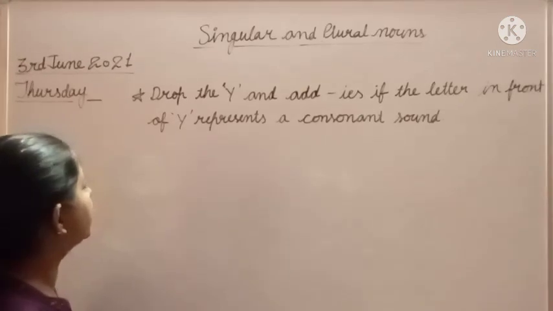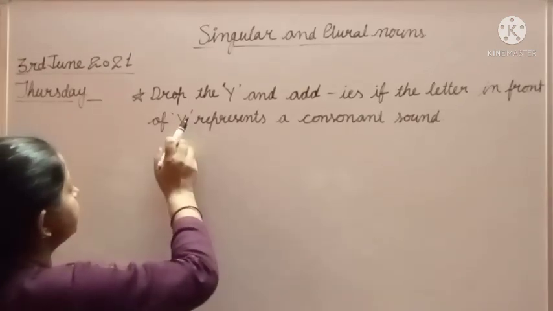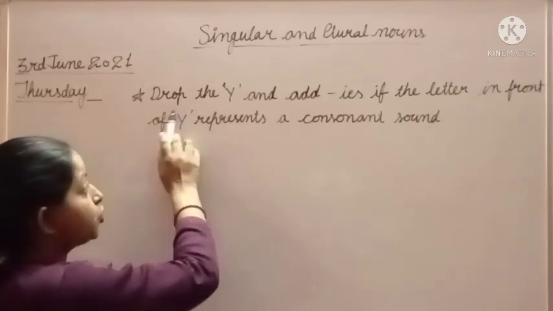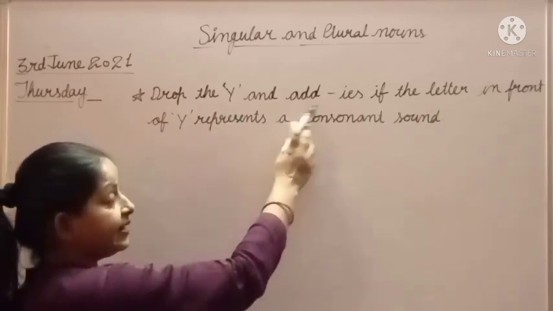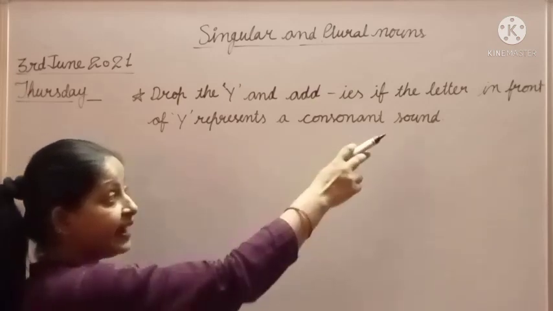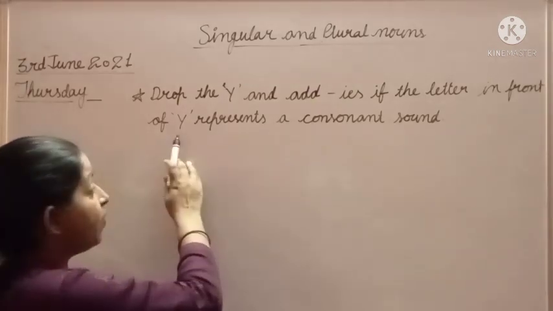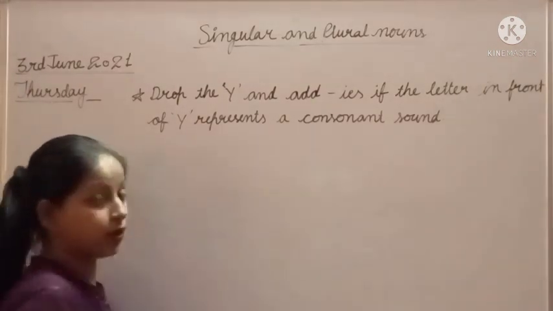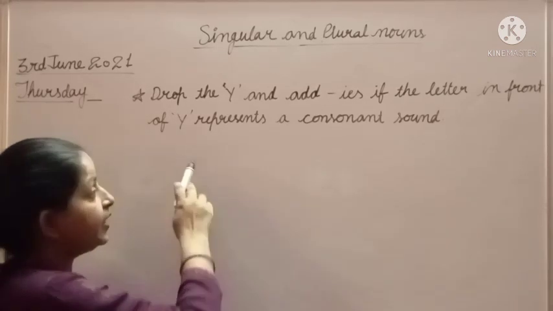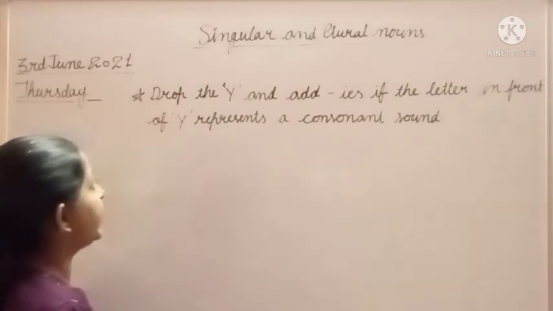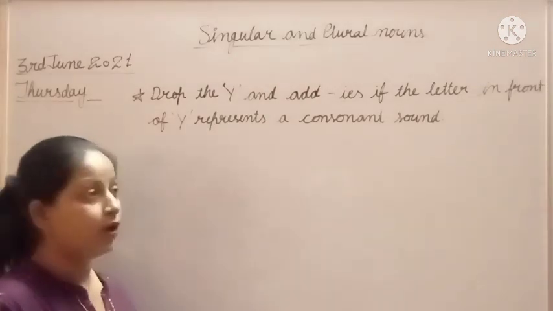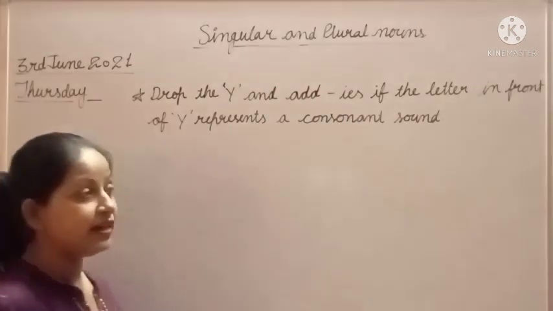Now making the plurals from singular. Drop the y. Yes students, you have to drop the y and add ies if the letter in front of y represents a consonant sound.